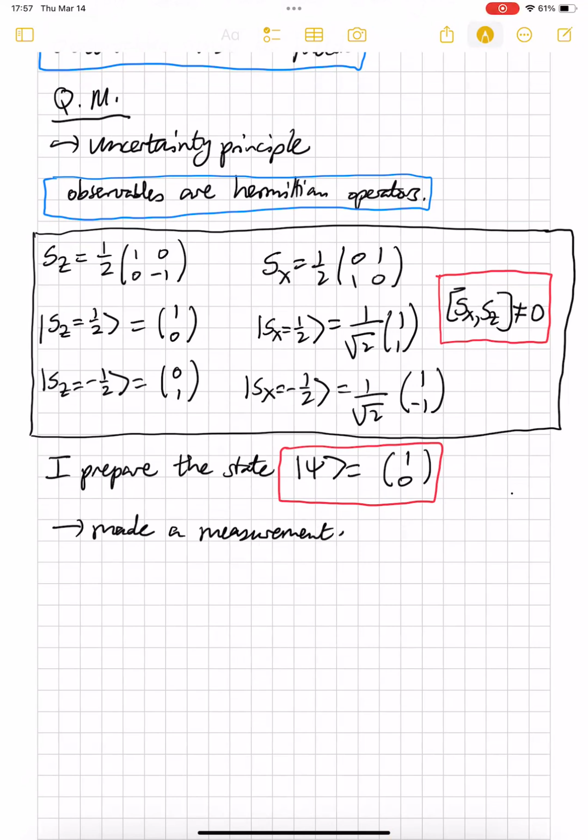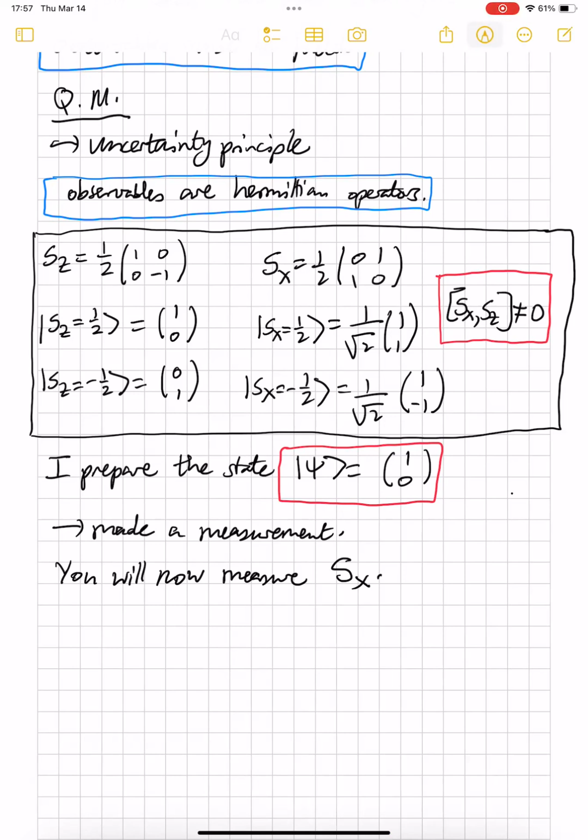Good. Okay, now let's imagine that you are now going to measure the spin along the x direction. So you will make that measurement.